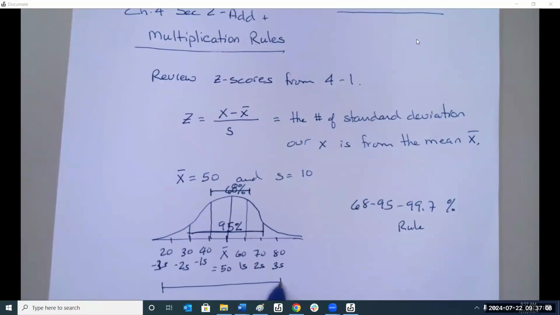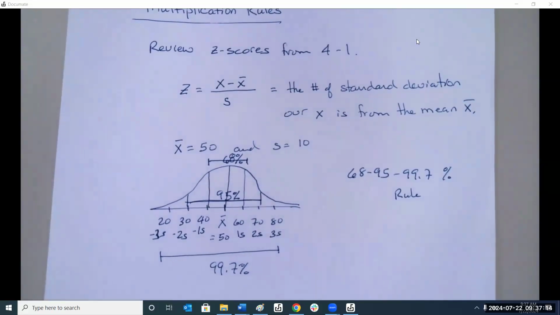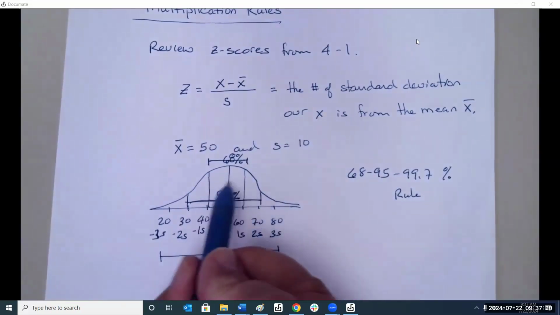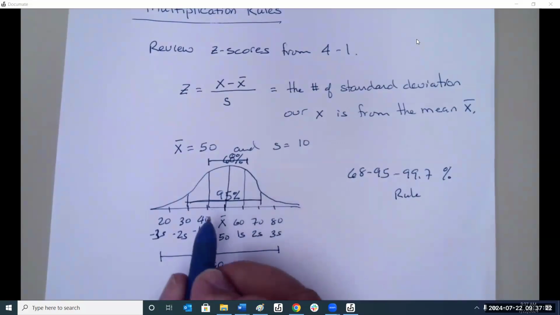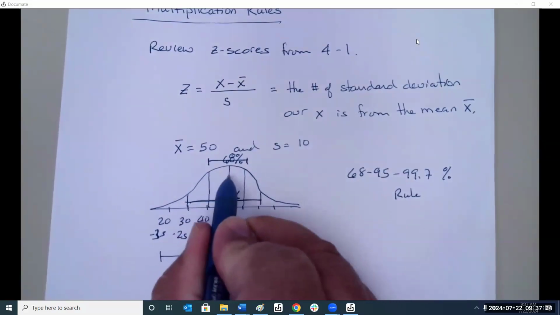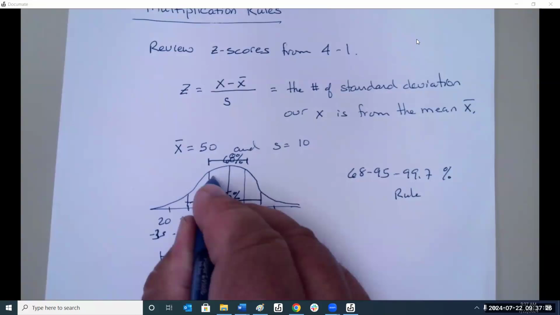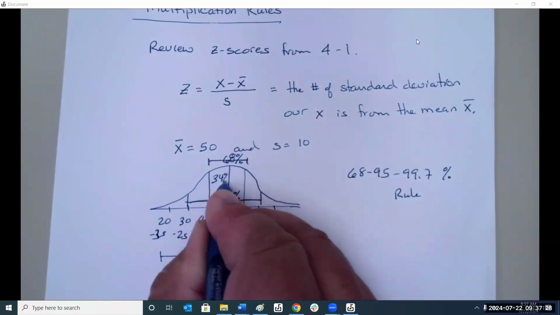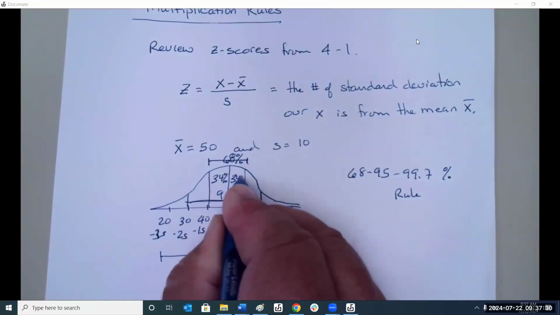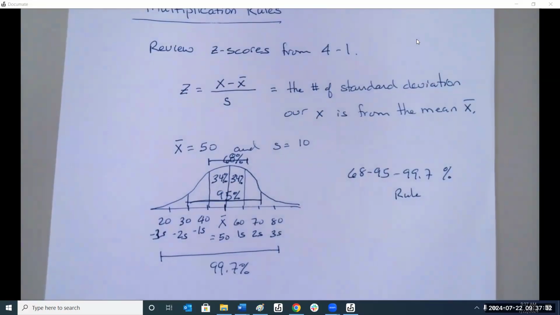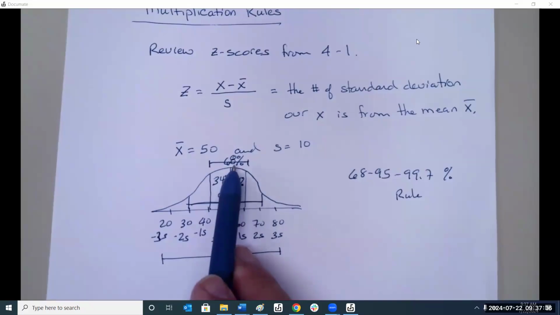And within three standard deviations, that's 99.7% of all our data. If it was inside those, we can figure out what each one of those areas consist of. Since one standard deviation both sides is 68%, there's 34% on each side of the mean, because 34% twice is 68%.